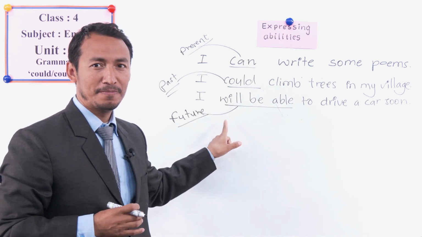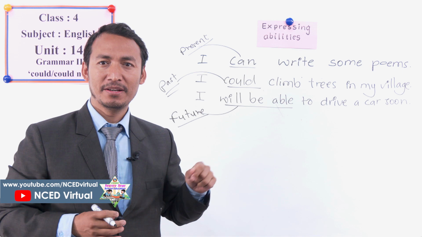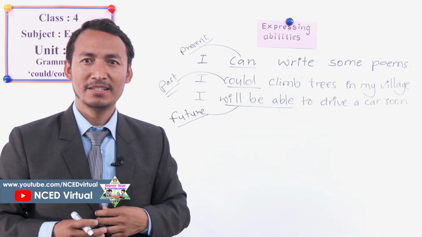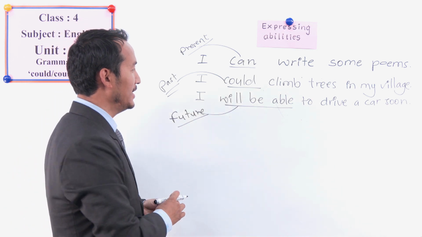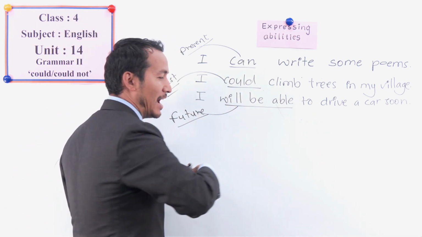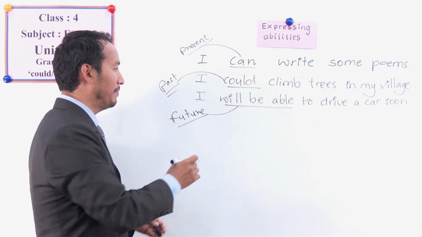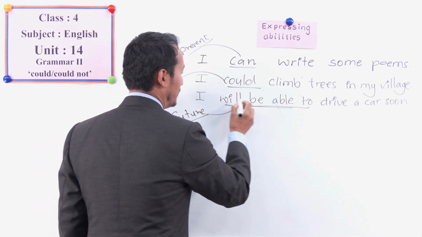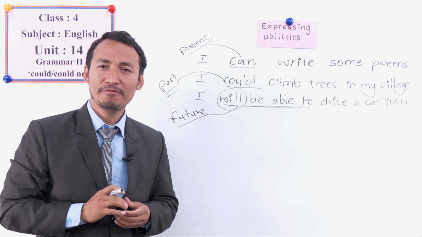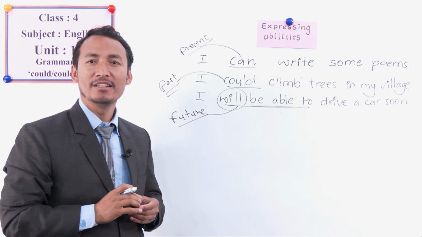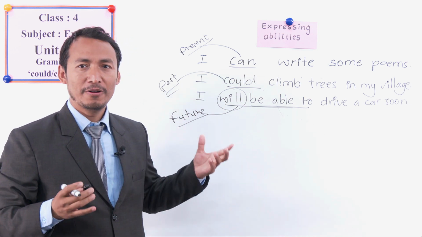In future, I might drive a car because I'm planning to learn it, to learn to drive or take a license to drive a car. Then we can talk about our future abilities with the help of be able to with will, okay students? So these are the three forms that we can use to express our abilities.